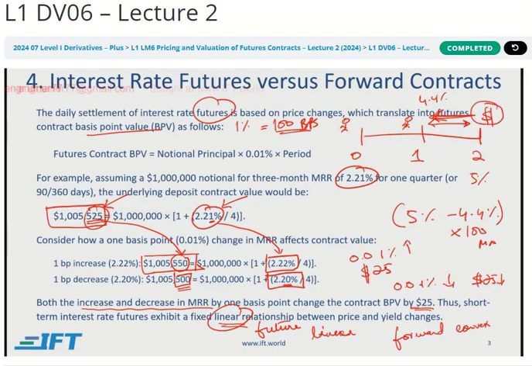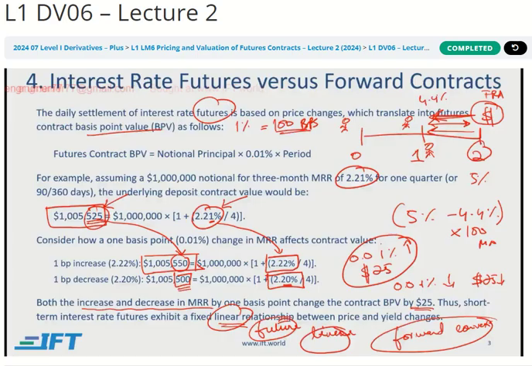The FRA value is supposed to be settled at the end of the contract, but because we are here at this point, we discount it back to today, which makes it convex, whereas the future value is linear. As you can see, 1 basis point increases by 25 and 1 basis point decreases by 25. But I will explain this separately on a separate slide with a proper infographic.